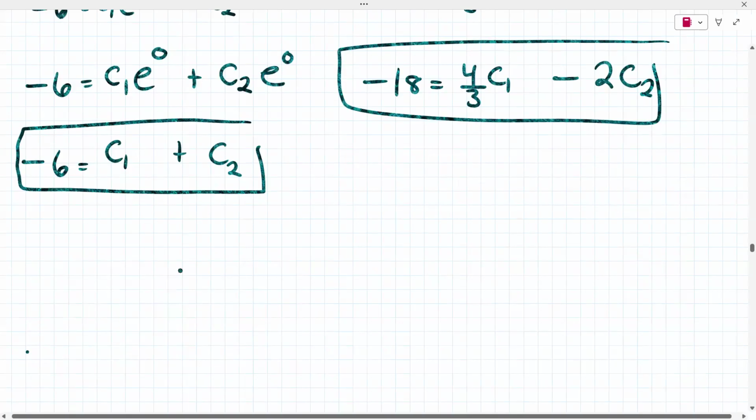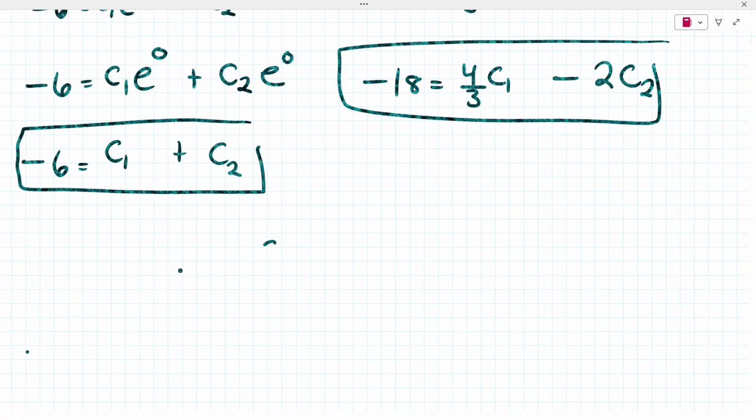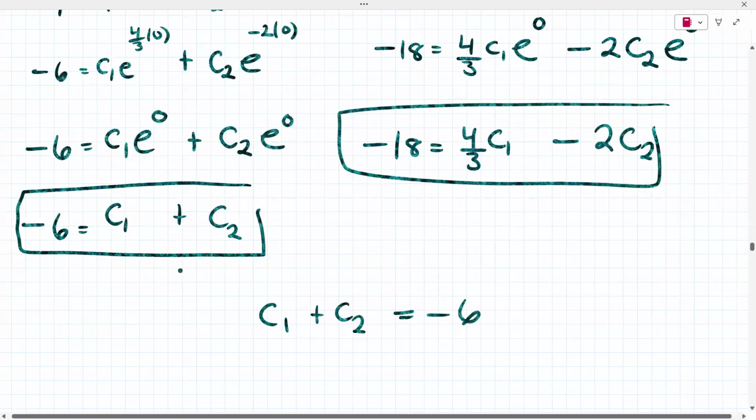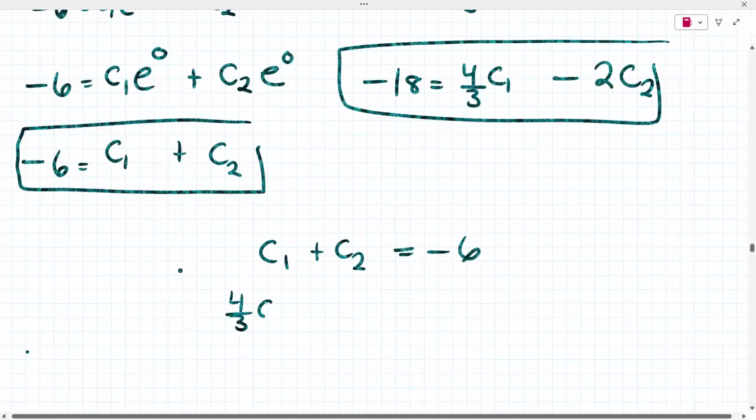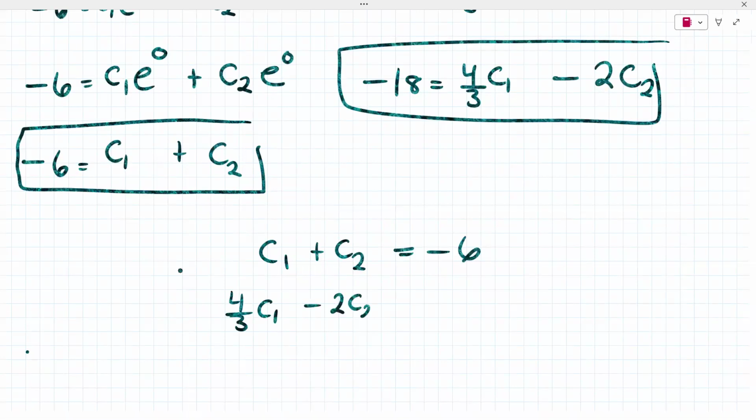So I'm going to rewrite this system of equations by moving the constant to the right. So it's going to be C1 plus C2 equals negative 6. I'm going to rewrite this as 4/3 C1 minus 2 C2 equals negative 18. And what will I do next?